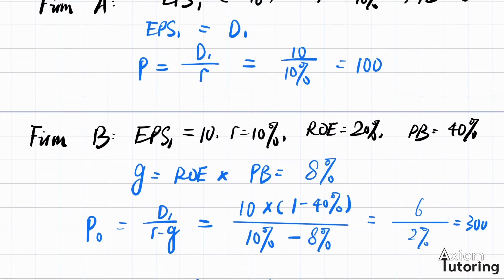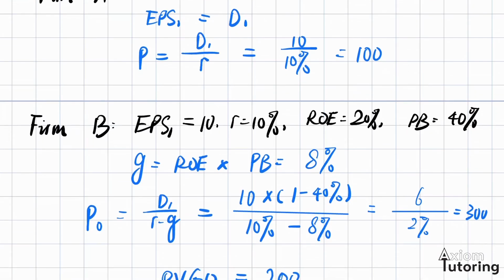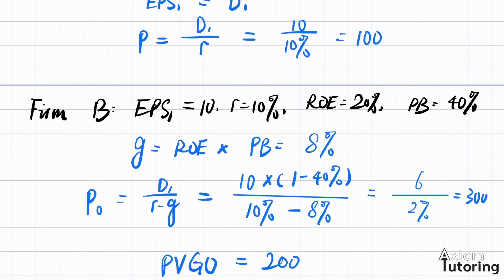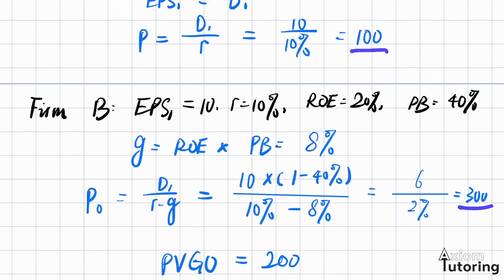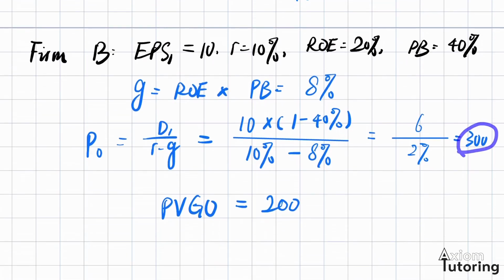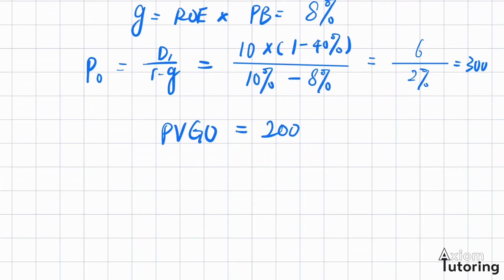Intuitively, this is the difference in the value of the firm should the company decide to plow back some of its earnings, and the plowback ratio is 40% in this case. If it's not doing that, then it becomes the opportunity cost, or the foregone opportunity, which is the difference between an all payout firm or all dividend firm versus a firm with growth.